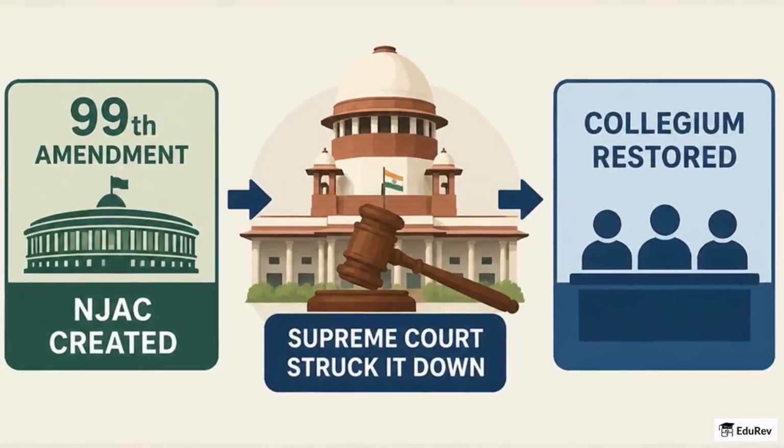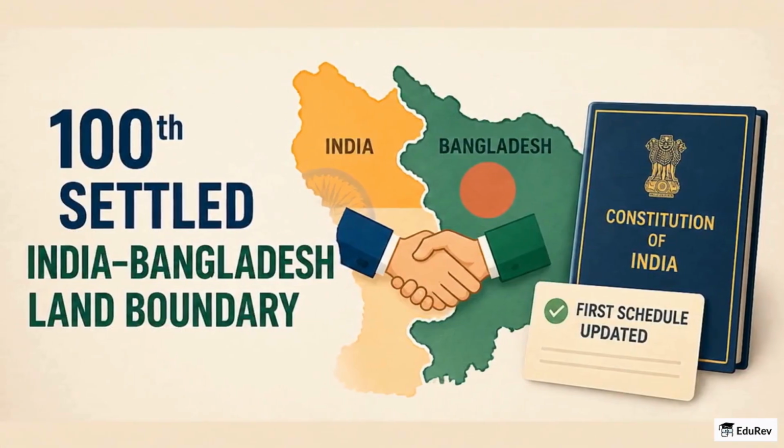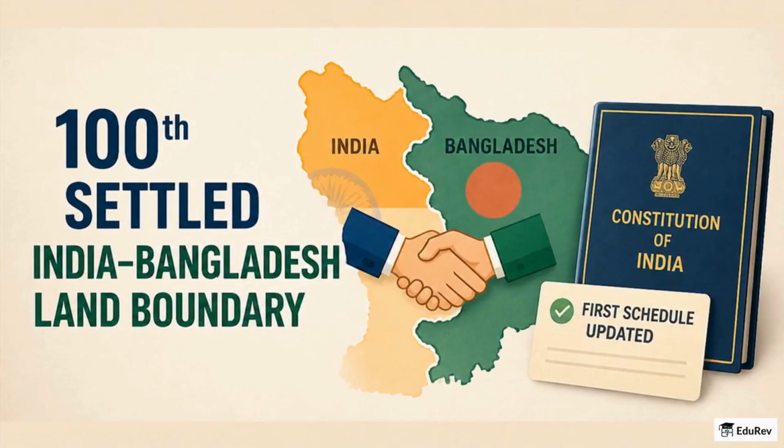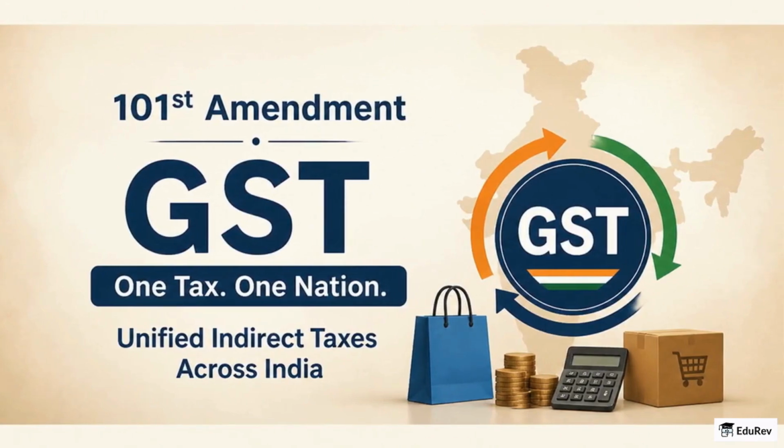The 99th briefly created the National Judicial Appointments Commission, but the Supreme Court struck it down, restoring the collegium for judge appointments. The 100th ratified the land boundary settlement with Bangladesh, solving decades-old enclave issues and updating the first schedule. The 101st introduced the Goods and Services Tax, a major fiscal federal reform harmonizing indirect taxes across India.